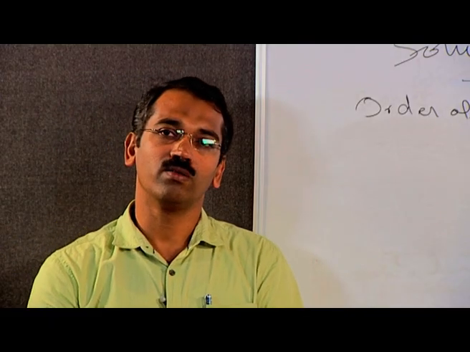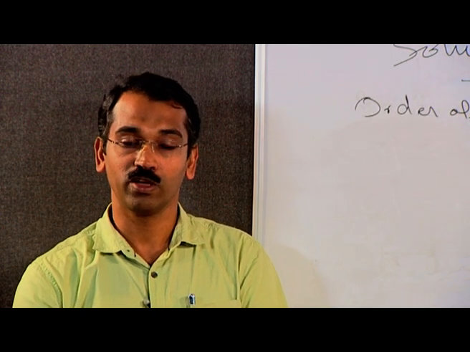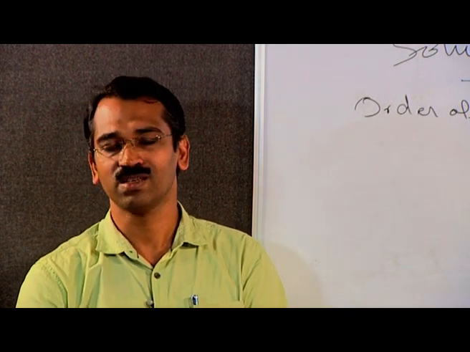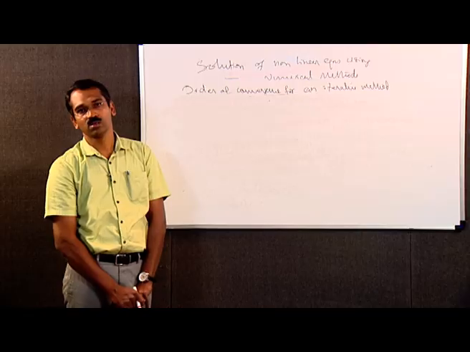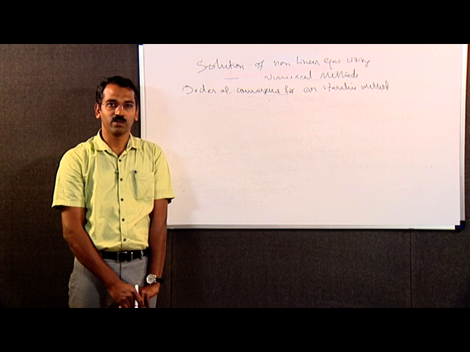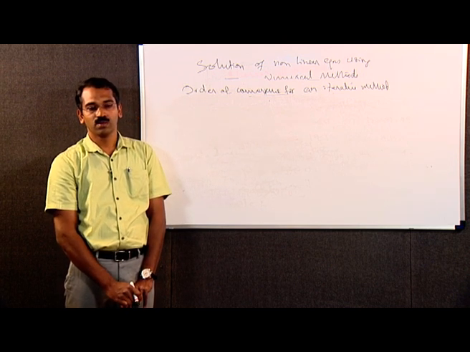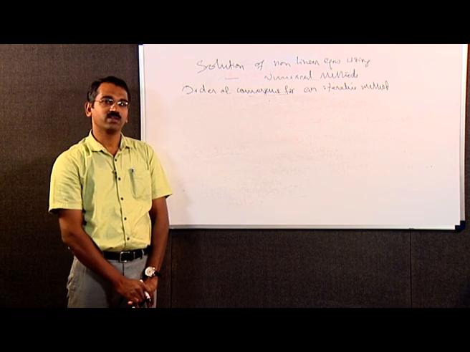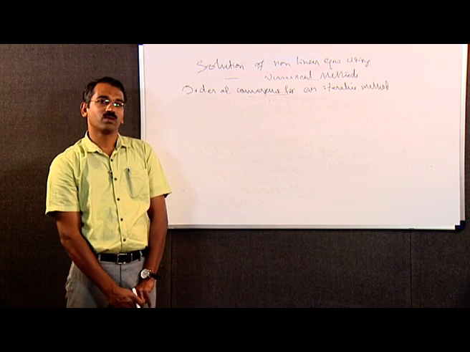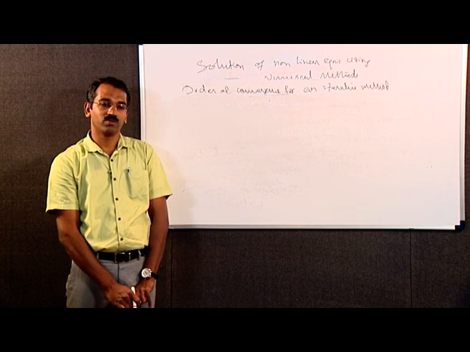Then we evaluate x1 is equal to phi of x naught as a better approximation. Then x2 is equal to phi of x1 is evaluated and continued. After a finite number of steps, we obtain the approximate value of the exact root to the desired accuracy.